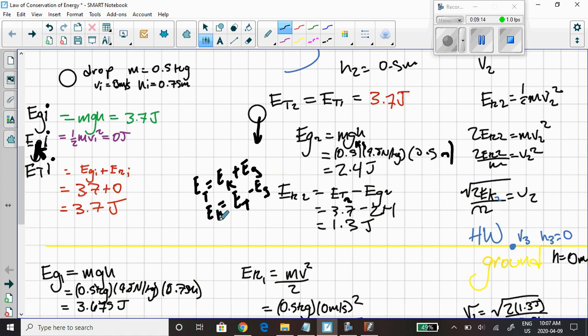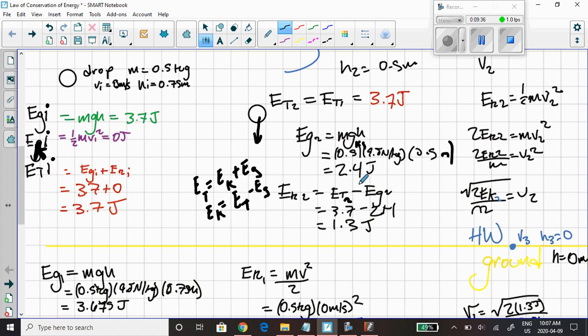And we now have an equation that will let us calculate the kinetic energy. Kinetic energy is equal to the total energy minus the gravitational potential energy. And that's what I have right here for situation 2. Kinetic energy 2 is equal to total energy 2, which never changes, minus gravitational potential energy 2. Well, we know that the total energy is always 3.7 joules.